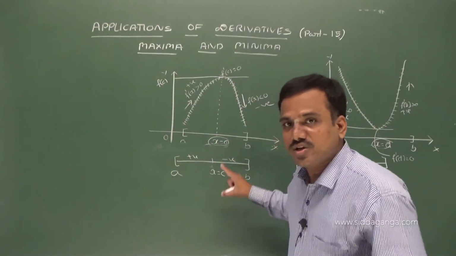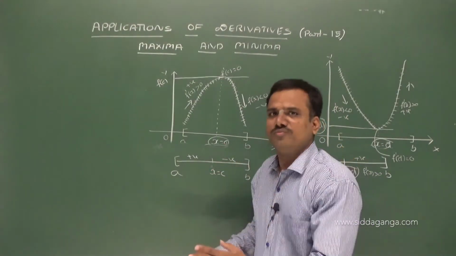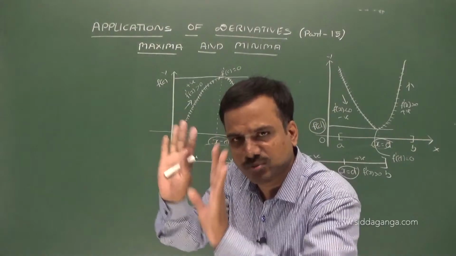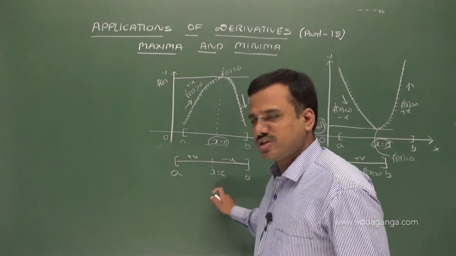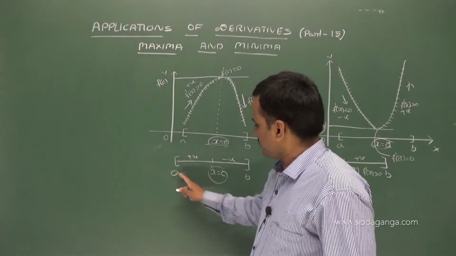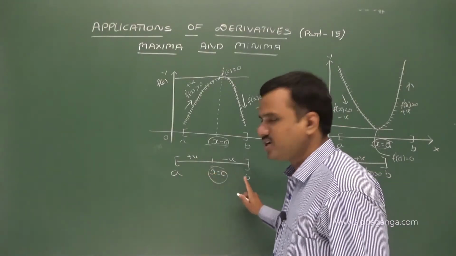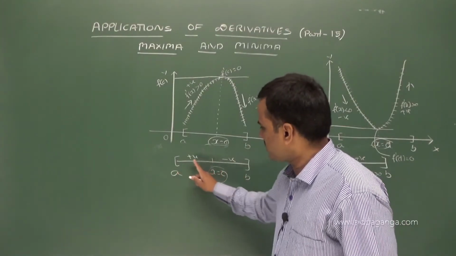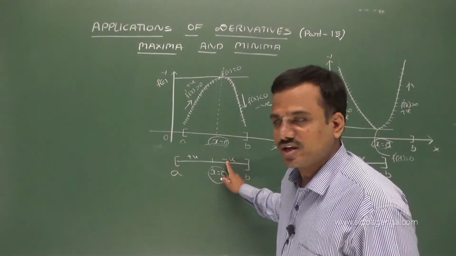Understand? Using the first order derivative, we follow the same concept as increasing and decreasing functions. Firstly, differentiate and equate to 0 to find the critical point. Then it divides into two intervals, A to C and C to B. We check whether each is positive or negative.